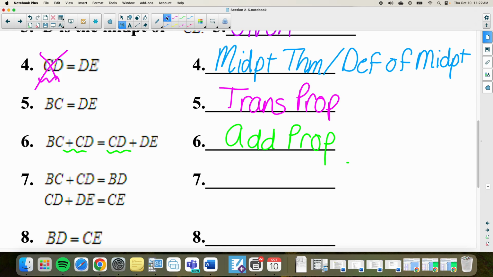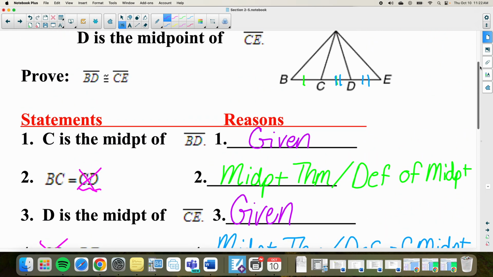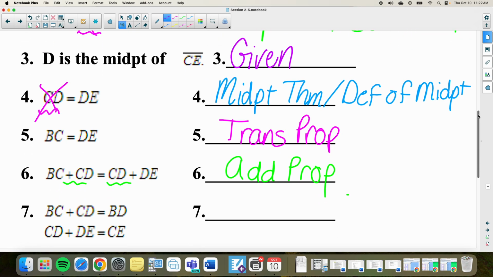Now, I have been telling you guys that when you get stuck, take the bars off and break segments into parts. Normally, I would do that up further in the proof, but down when you get to step 7, if you see that they're adding 2 things to get 1, you're gonna think of, is that segment addition postulate? And that's why your diagrams are so important, you need to have those to see if that's what that is.